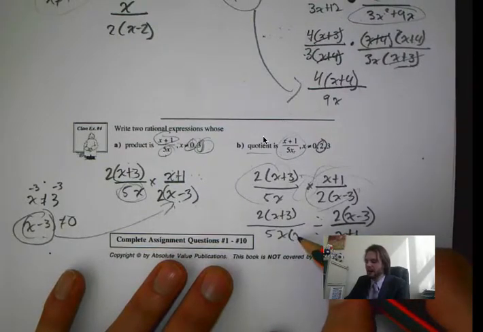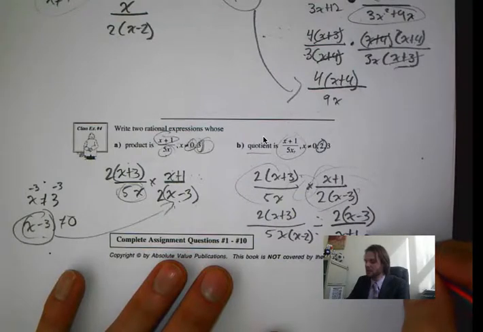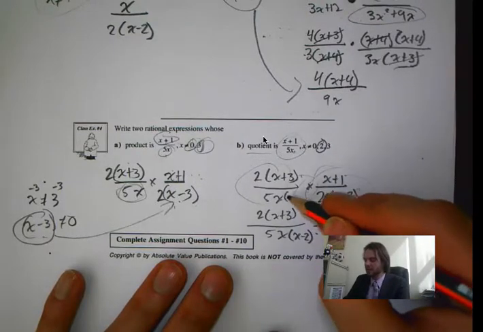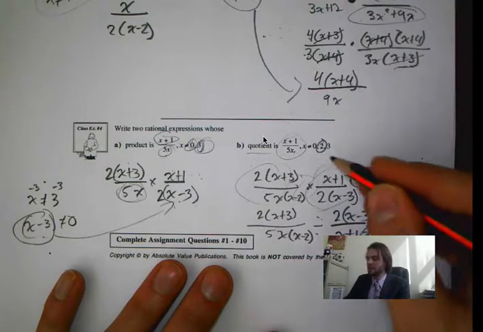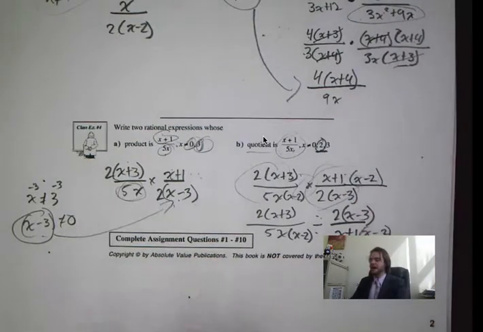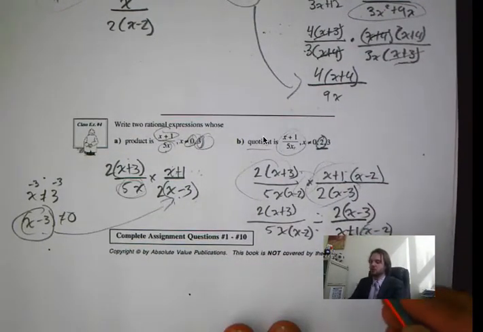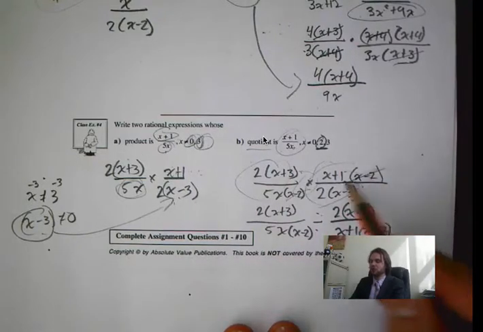I'm going to put an x minus 2, and then here I'm going to put an x minus 2. Because now, if I flip this, it's going to have still x minus 2, and this will here have an x minus 2. I missed that extra one there. So I put that in, and look what happens. So when I go from here to here, I flip it, and these will cancel off.